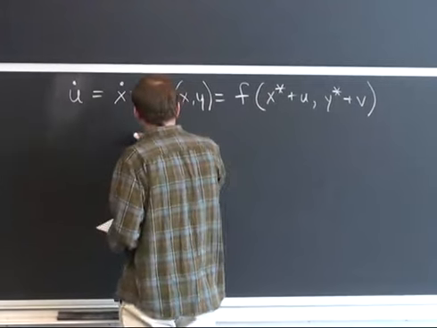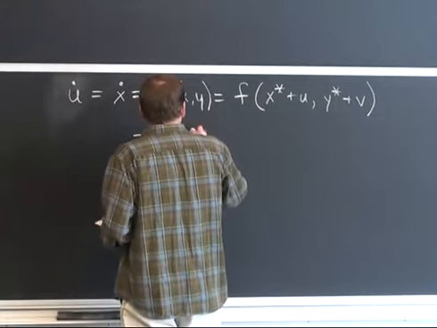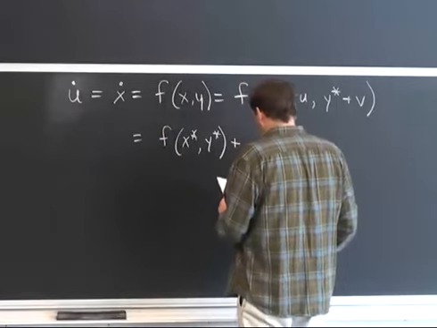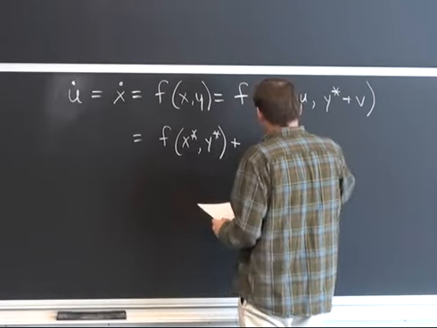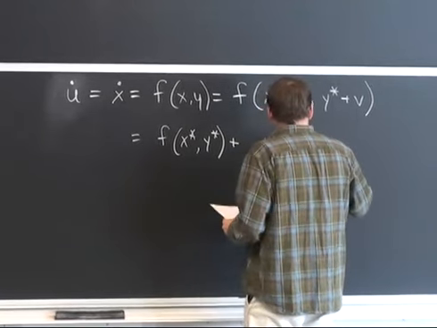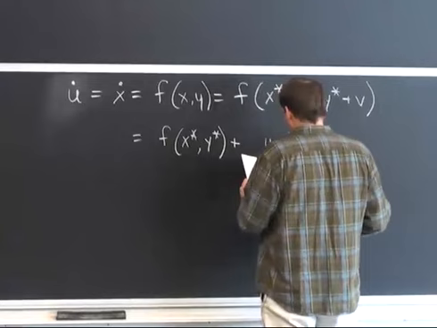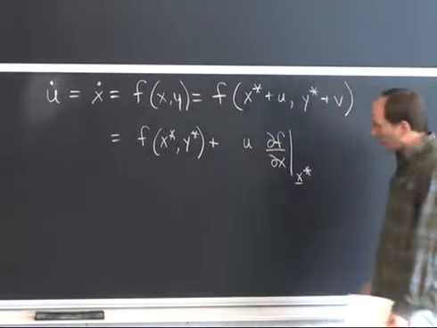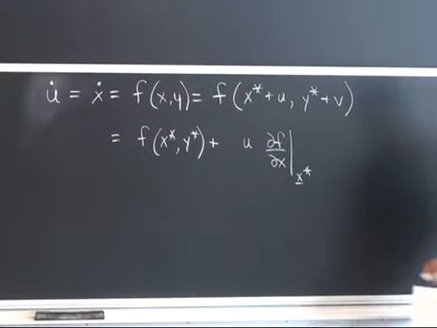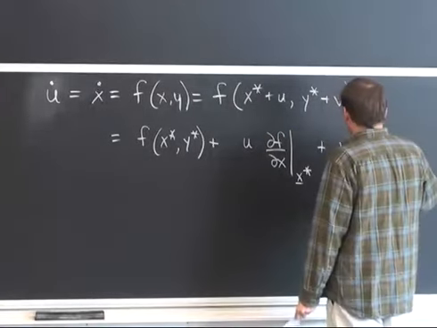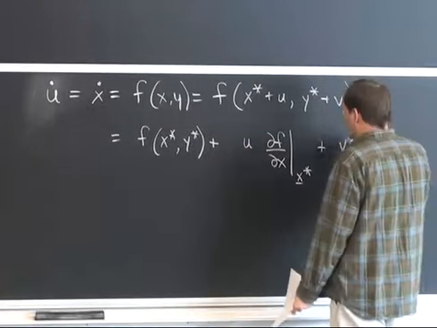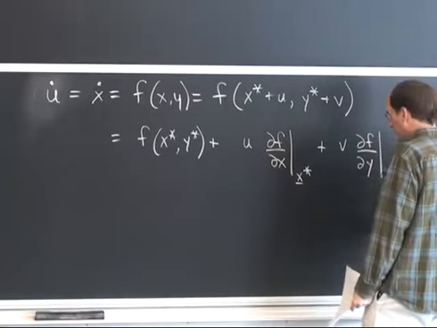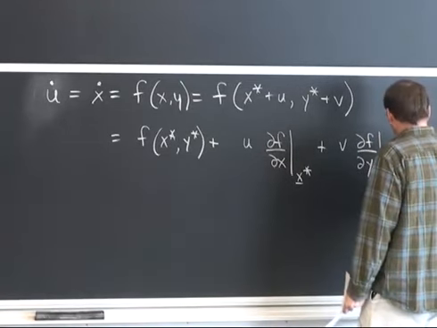It's going to equal f of x star, y star, plus there will be a term that looks like u times the partial of f with respect to x, evaluated at the fixed point x star, or I mean the vector x star. And then we also have a term that is v times the partial of f with respect to its second argument, y, also evaluated at the fixed point x star.